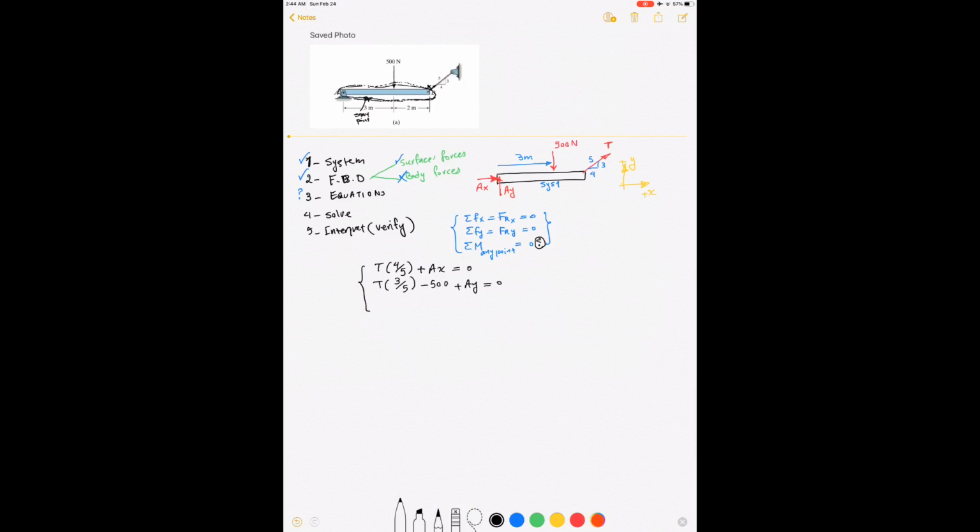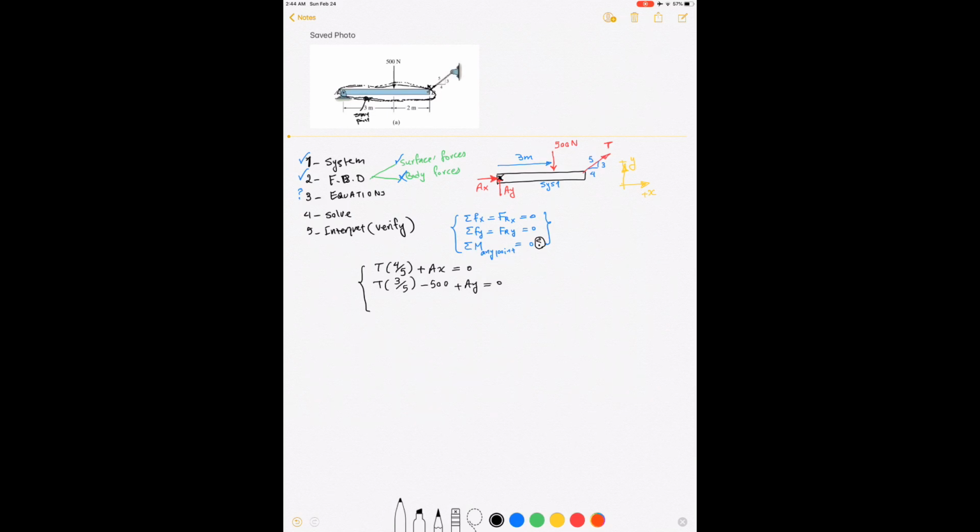What point should I choose in order to get the most simplified form of the moment equation? Well, the point that I choose is this point that I'm showing right now. You see this point? I marked it with a black cross. That is a particular point that the two unknowns, Ax and Ay, are going through. They're concurrent, so I can easily get rid of them and minimize my number of unknowns.